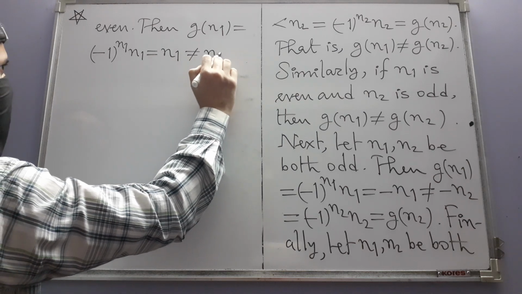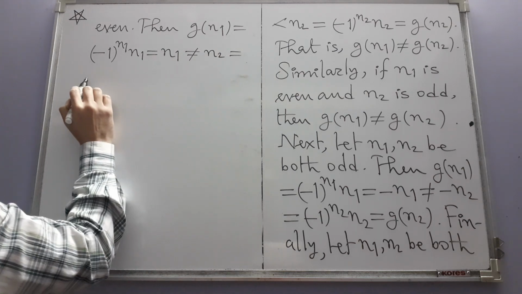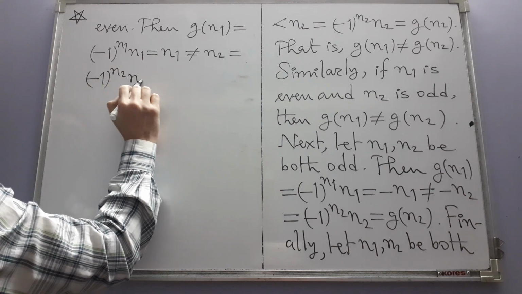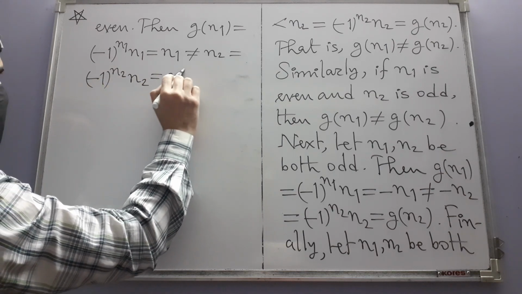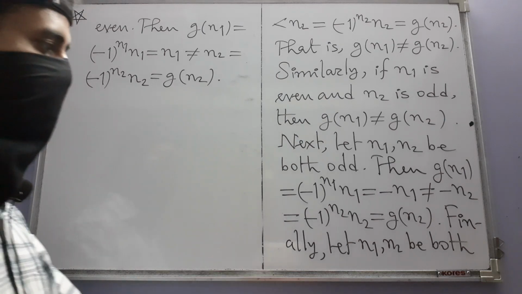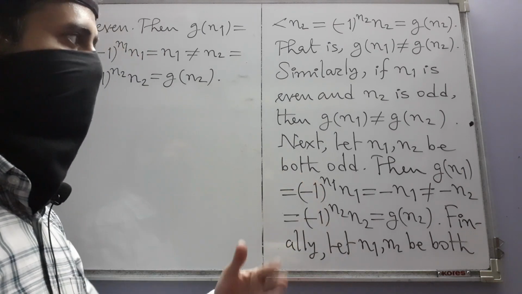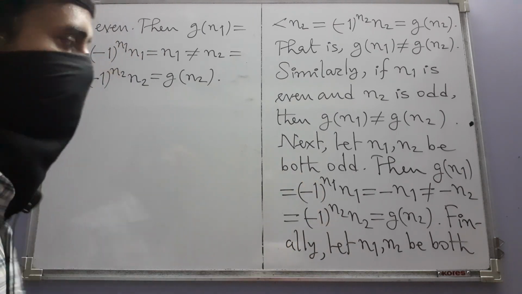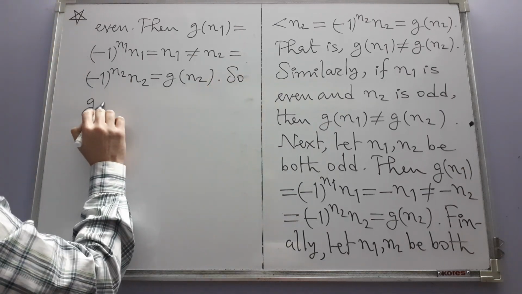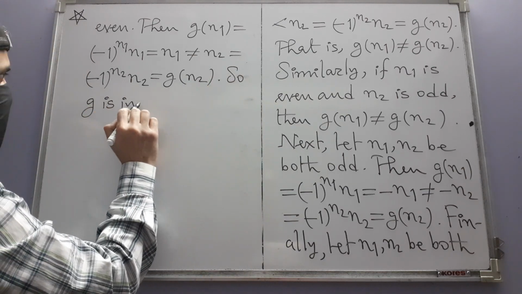This is not equal to n2. So in all the possible cases, we have shown that distinct inputs implies distinct outputs. So g is injective.